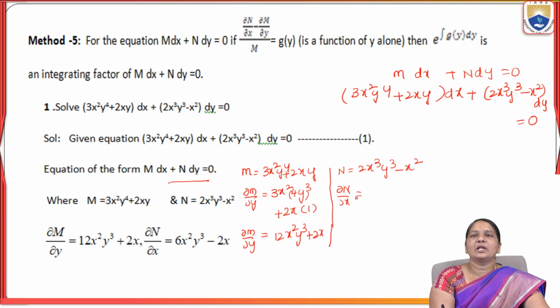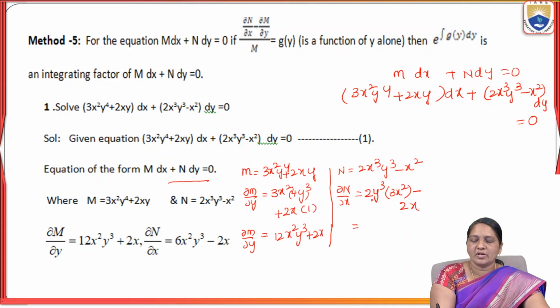Now we are going to calculate ∂N/∂x. This is the partial differentiation of N with respect to x. When you are doing it with respect to x, y is treated as constant. So 2 is already constant, y³ is also constant. Now we differentiate x³, which is 3x², minus x² differentiation is 2x.